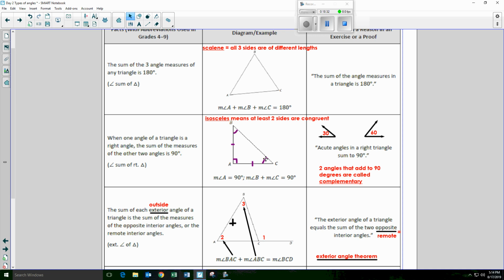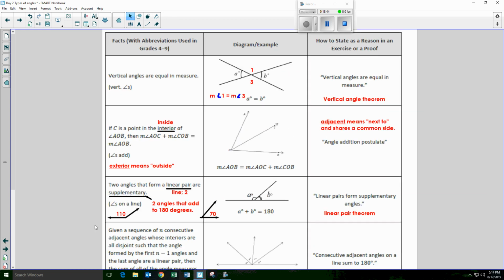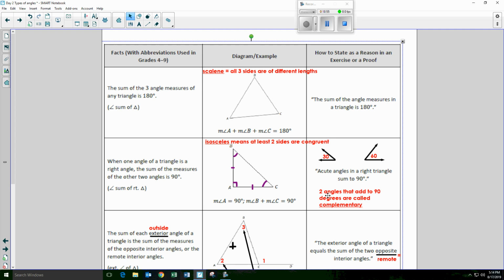Now, any two angles, they don't have to be adjacent, because these are not adjacent. Any two angles that add to 90 degrees are called complementary. Okay, remember we had two angles that add on the last page. Two angles that add to 180 degrees are called supplementary. So that's the two words. You have supplementary, two angles that add to 180, and complementary, two angles that add to 90.